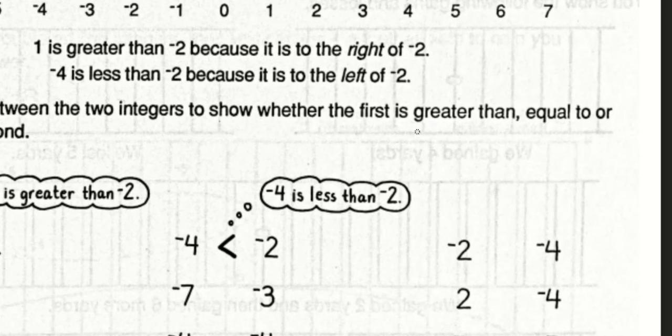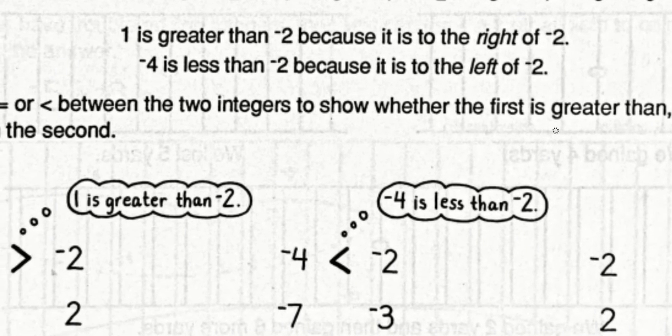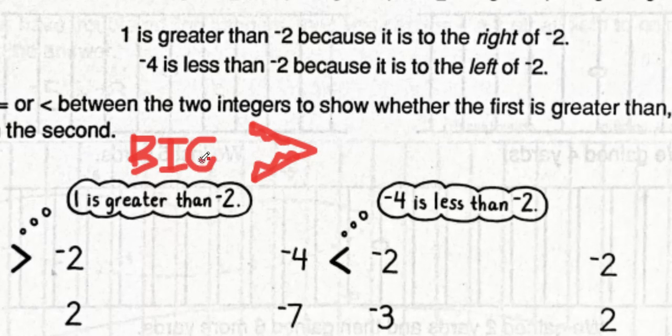Okay, it looks something like this. The shark will always eat whatever's on this side is the big one, right? Big. And on this side of the shark is small. Okay?